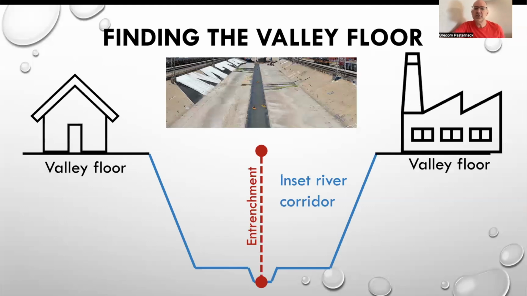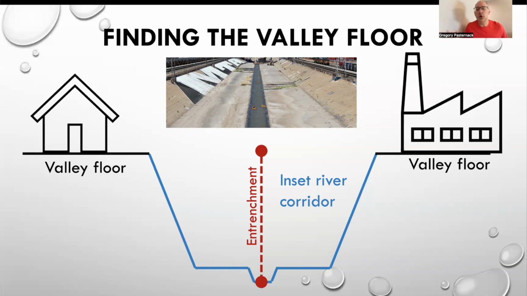Well, the first thing is you have to identify where the valley floor is. And I can tell you that with beginners, there's oftentimes a lack of understanding. You're standing in the channel or next to the water's edge, and you look up and you're like, oh well, I see a surface there. That's probably the valley floor.